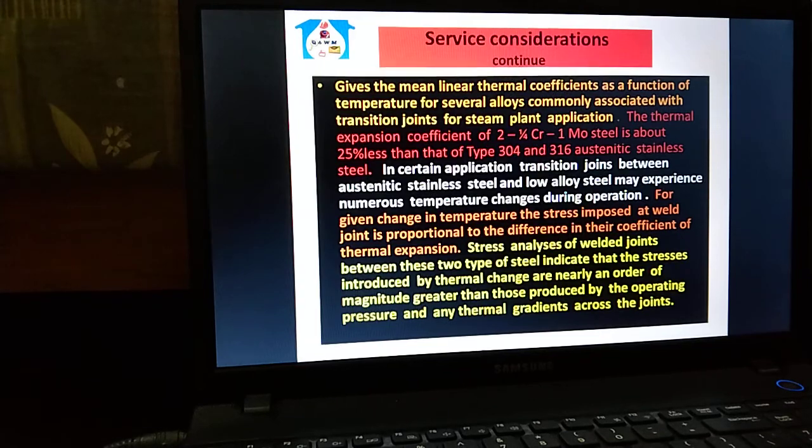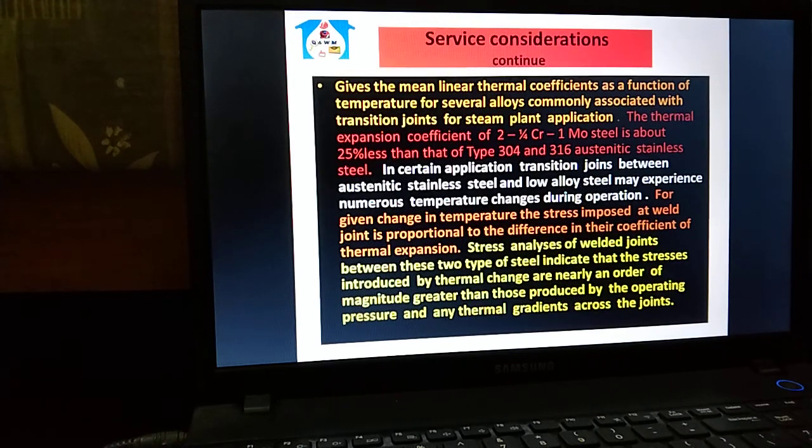Service considerations. This gives the mean linear thermal expansion coefficient as a function of temperature for several alloys commonly associated with transition joints from steam plant applications. The thermal expansion coefficient of 2 1/4 chrome 1 moly steel is about 25% less than that of type 304 and 316 austenitic steel.